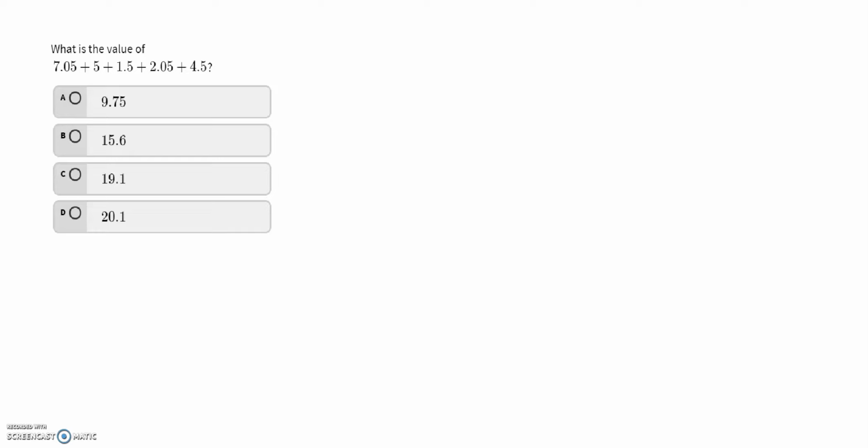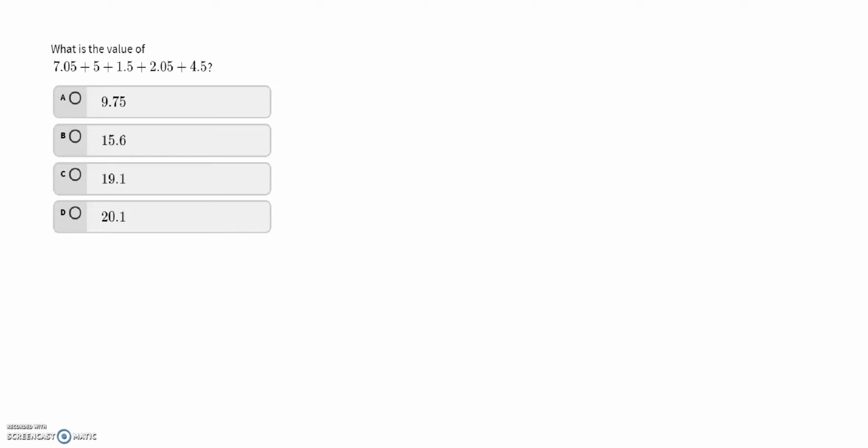The question is, what is the value of 7.05 plus 5 plus 1.5 plus 2.05 plus 4.5? I'm going to show you how to add these decimal numbers as well as a whole number, because 5 is a whole number here, without using a calculator.